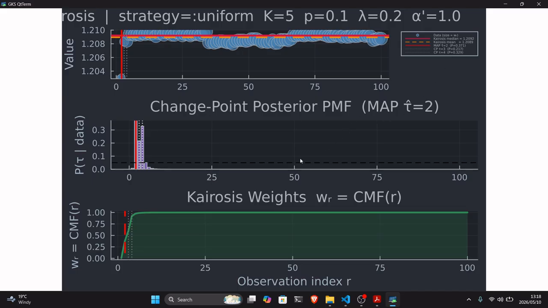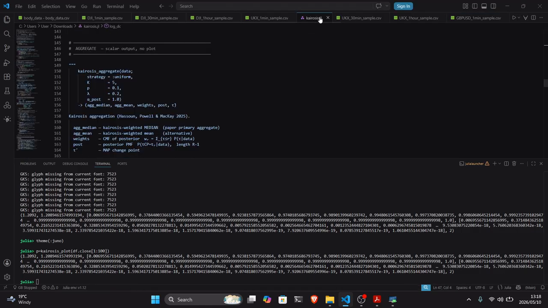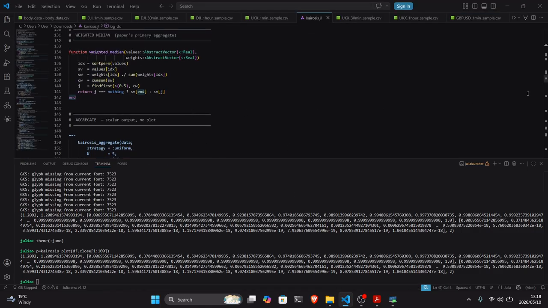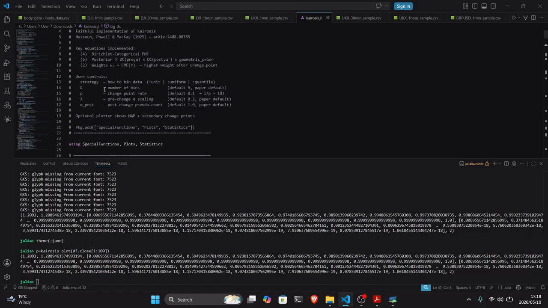Now, this is just 100 entries, but when you're looking at this, you can see that the strategy we chose to bin our data is uniform, and we have k equals 5. k is the number of bins, and I left it at default.